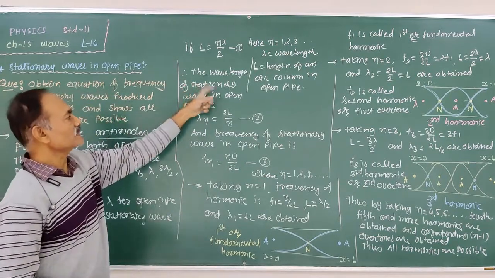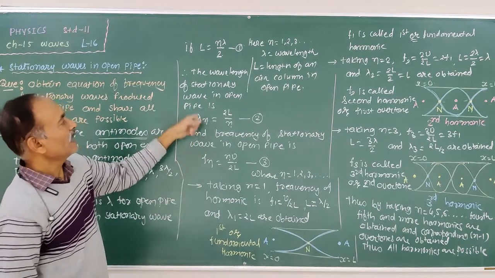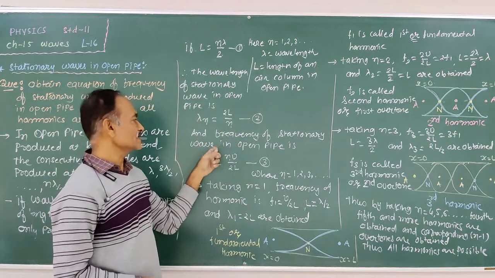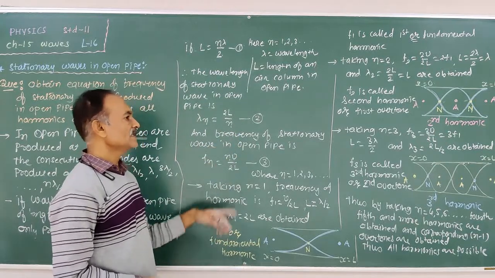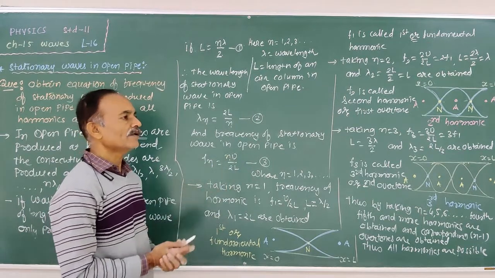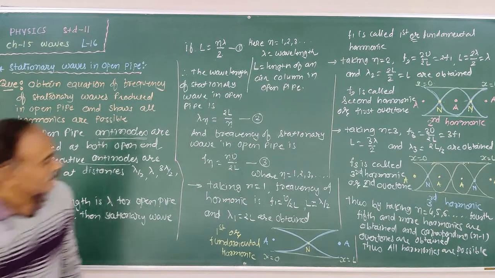The wavelength of the stationary wave in an open pipe is lambda n is equal to 2L upon n. And the frequency of the stationary wave in an open pipe is obtained directly: Fn is equal to nv upon 2L. Actually, that is obtained from this equation.